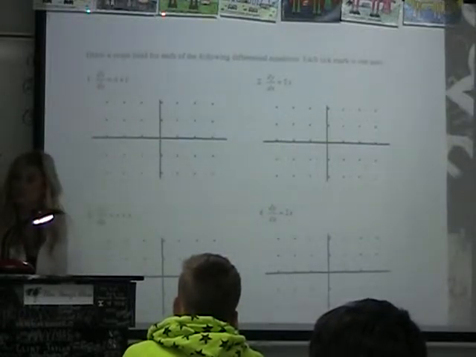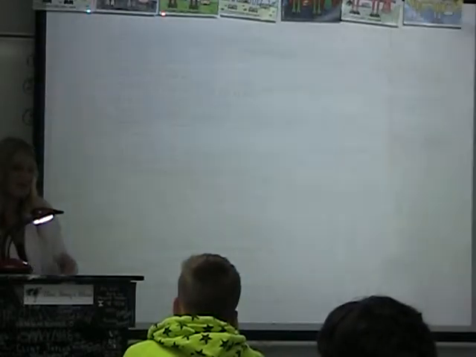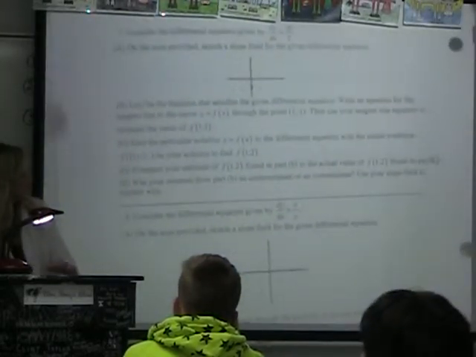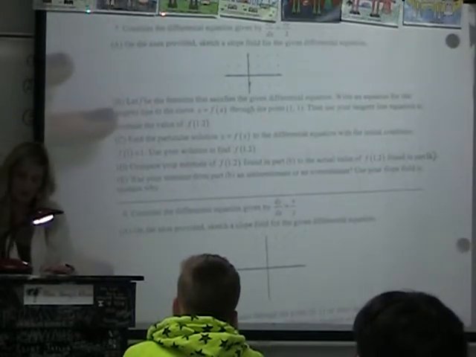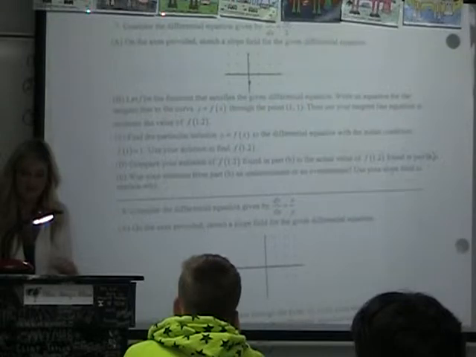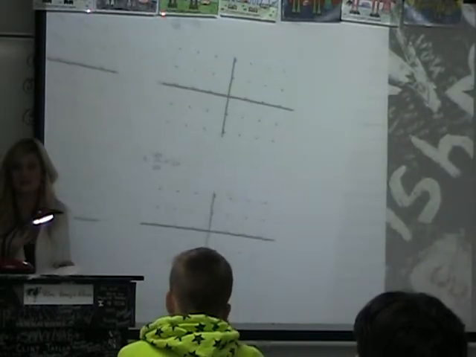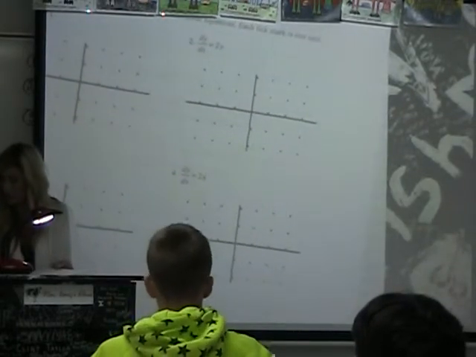Most years you will see a question like this. On the back of this sheet, these two examples are like what you might see on the AP Calculus exam. These are not actual questions from the AP exam. They're just there for you to practice.